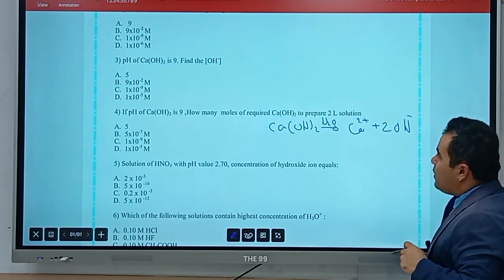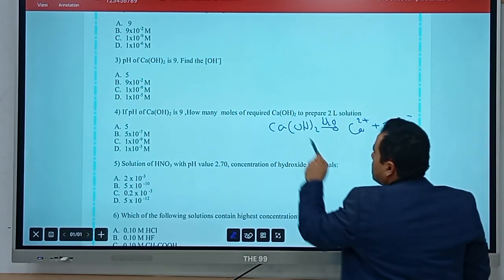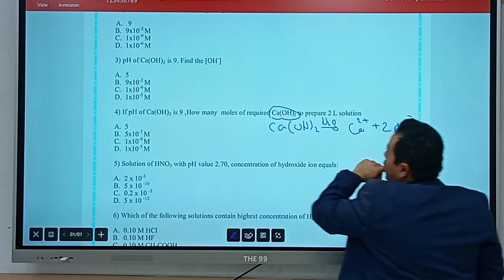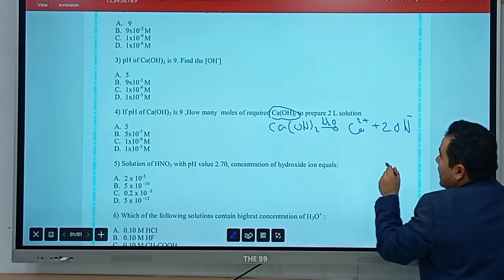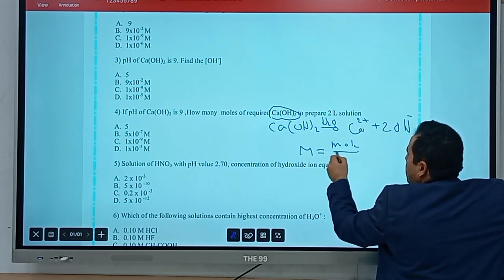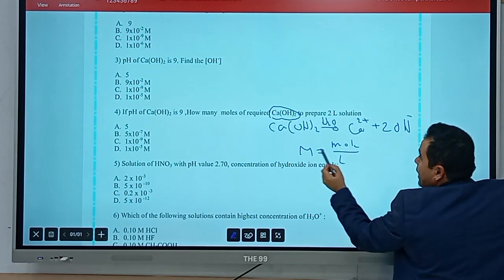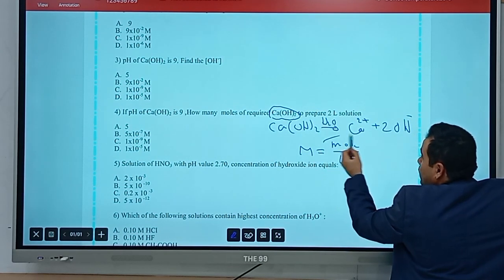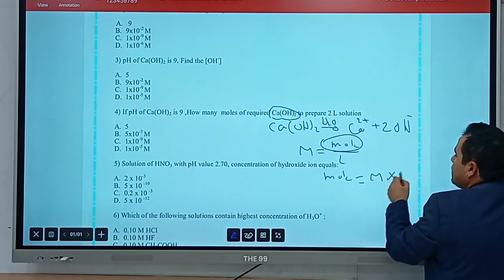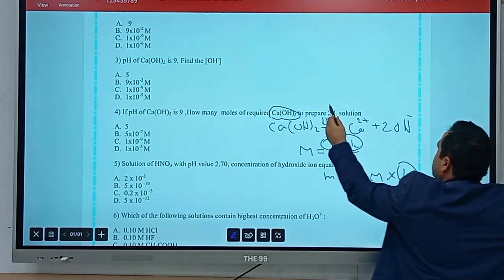What's the requirement? How many moles of calcium hydroxide are required to prepare 2 liters of solution? Guys, the molarity is equal to what? Moles per liter. How do we calculate the mole? Mole is equal to molarity multiplied by liters. The volume is given as 2 liters.